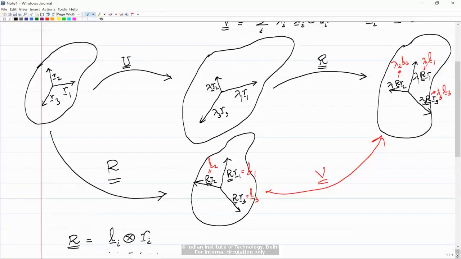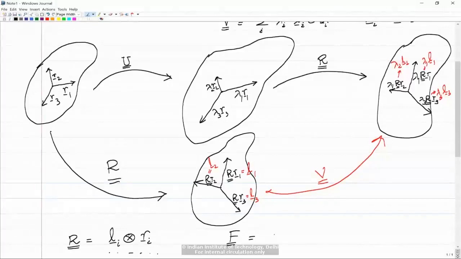And this also means if you want to get your big F, then you see what is happening. Big F is the total, no? So from the reference, little r1 is finally getting converted to lambda 1 L1, and little r2 is finally getting converted to lambda 2 L2, and little r3 is getting converted to lambda 3 L3.